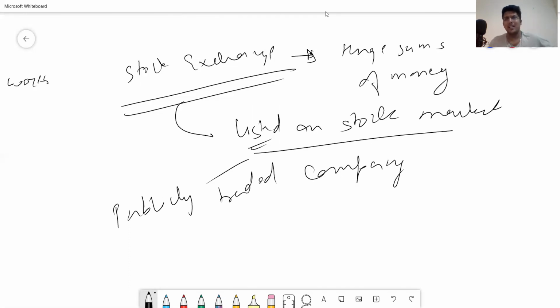Although what I explained in the last 2 or 3 minutes is applicable for an investor who's trying to buy shares of a publicly traded company. It goes in the same manner.